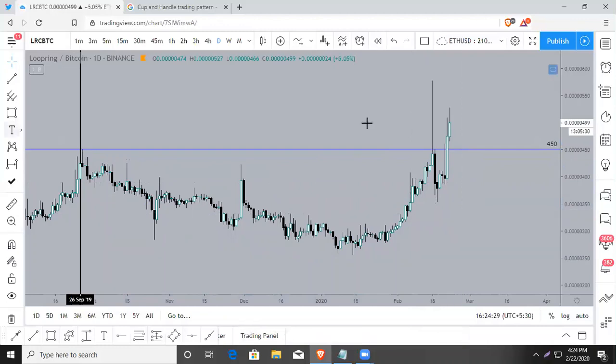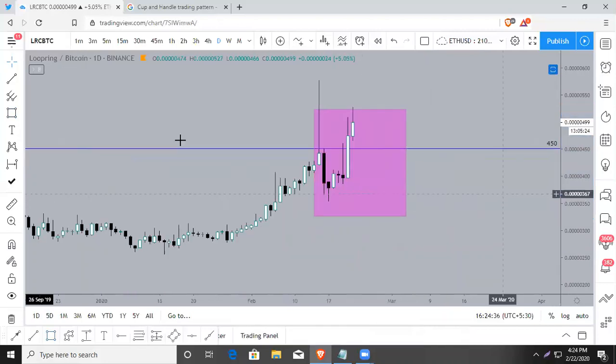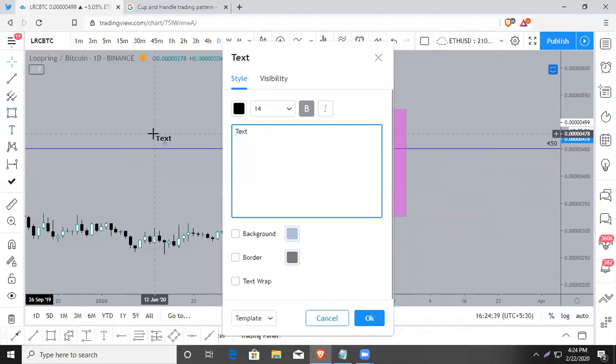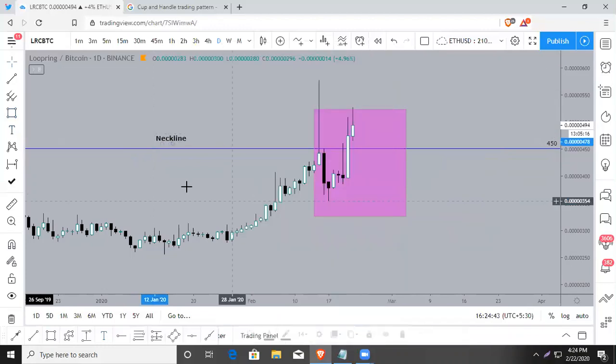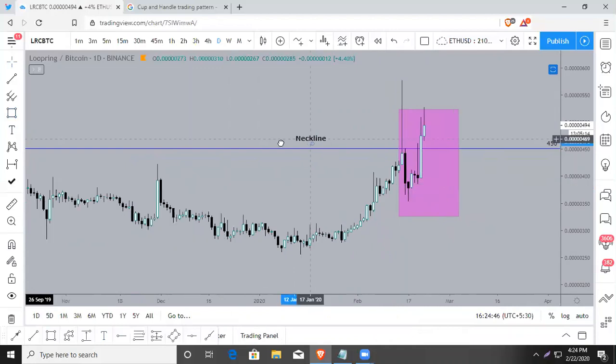Now we would be talking about this area. This is the handle, this move from the neckline. The neckline, I hope you know, is the resistance, like in head and shoulder, inverse head and shoulder, the resistance under which the price is moving for this whole duration.